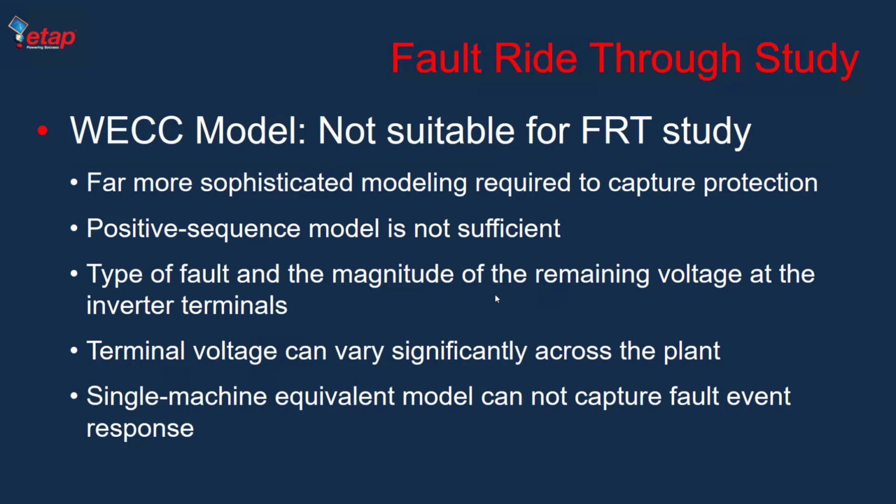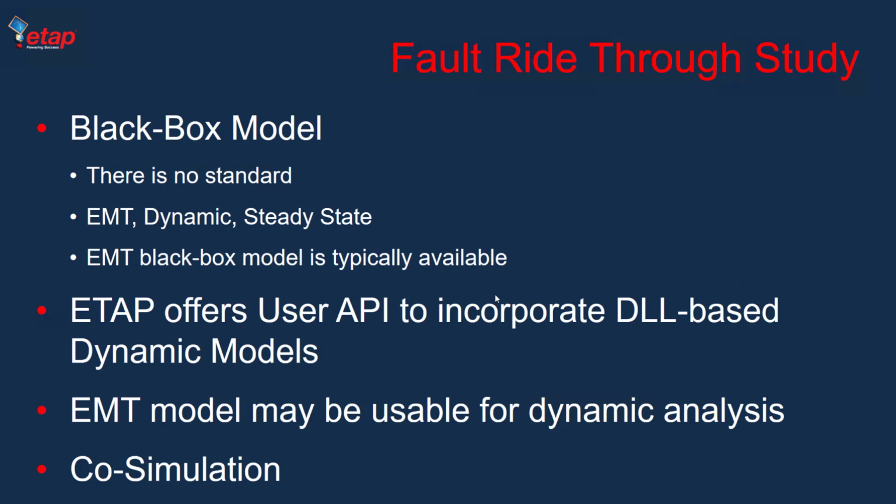Typically, a model is an equivalent of the entire wind farm, while if you model your entire wind farm and the fault is close to the terminal of the wind farm, the voltage at the terminal of the inverters would be very different because of all the cables in between. So a single machine equivalent model does not capture the fault event.